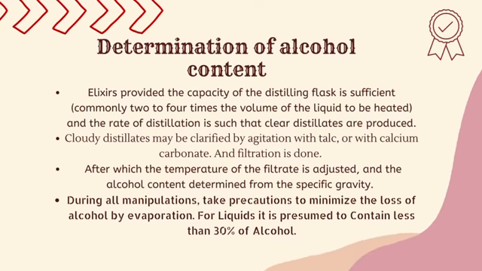Cloudy distillates may be clarified by agitation with talc or with calcium carbonate, and filtration is done, after which the temperature of the filtrate is adjusted and the alcohol content determined from the specific gravity.